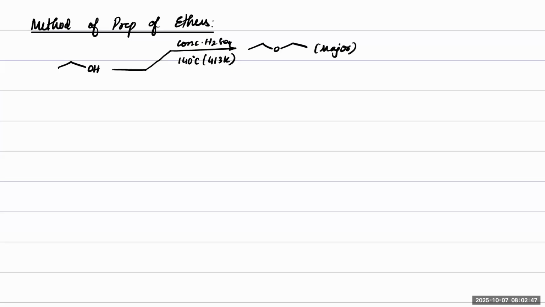But if I do the same reaction with concentrated H2SO4, but maintain that around 170 degrees or above this temperature, then chances are you will end up getting elimination, that too via E2 elimination, and you will get alkene. Got it?